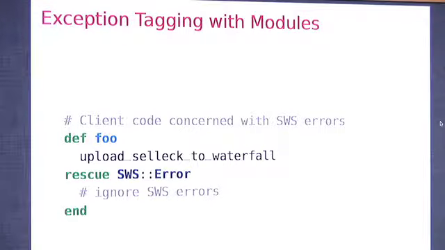Another part of the application doesn't care about that, but it does care about ignoring errors from this particular library, and that can set up a conflict in how you structure your error hierarchy.